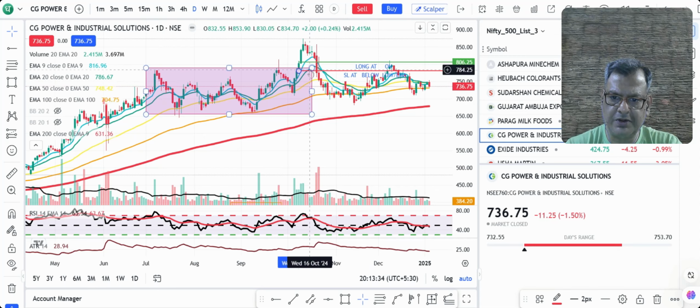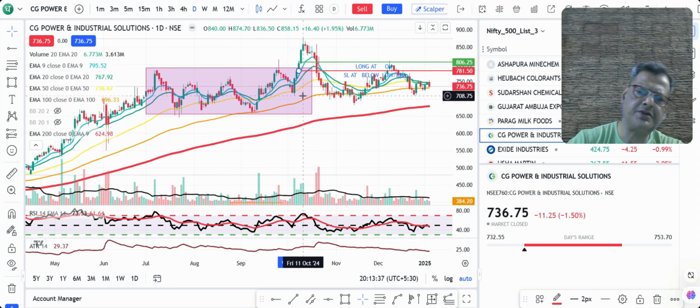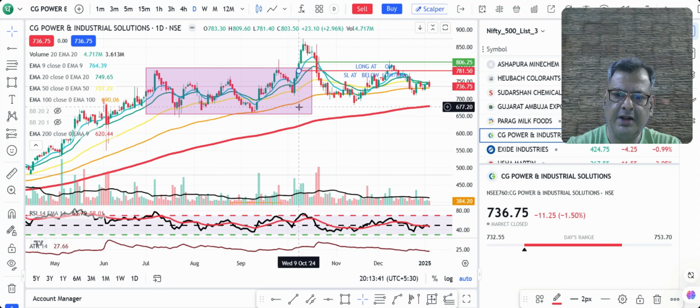What is the purpose of an SL? The purpose of an SL is to place it at an appropriate spot so that your idea of the trade gets negated if price moves against you.